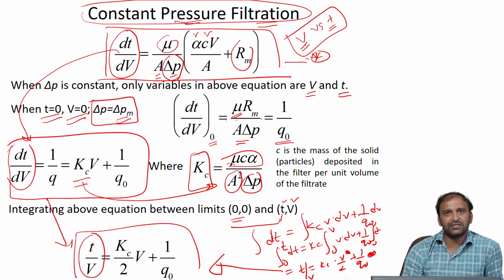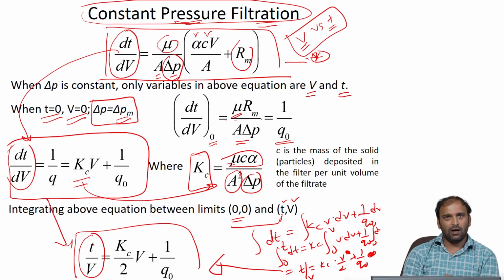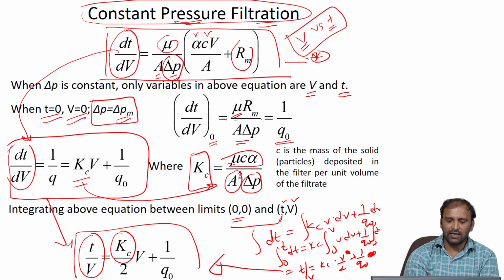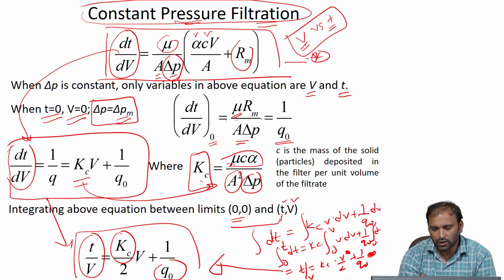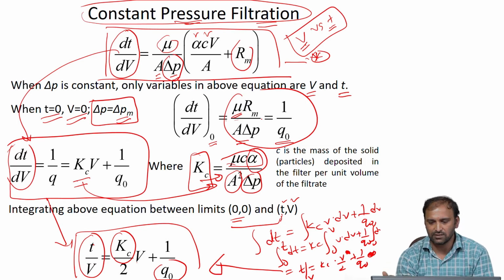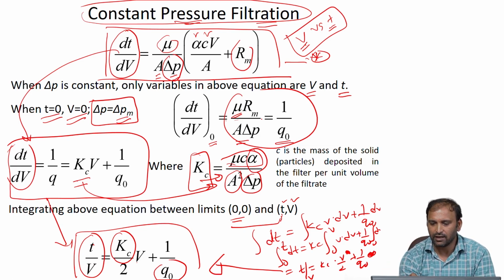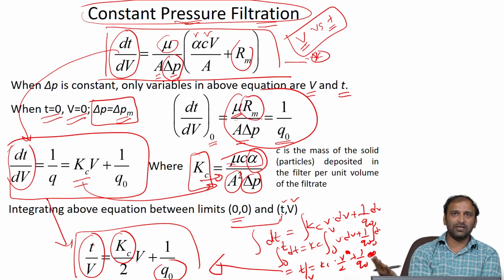One of the nice things about this expression is that if I perform experiments under constant pressure conditions, I can estimate what is Kc and what is Q0. If you go back and look at what Kc and Q0 depend on, Kc depends on alpha, which is the specific cake resistance, and 1 over Q0 is related to Rm, which is the filter medium resistance.